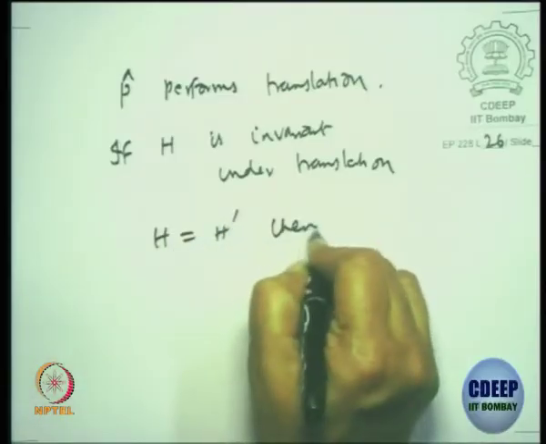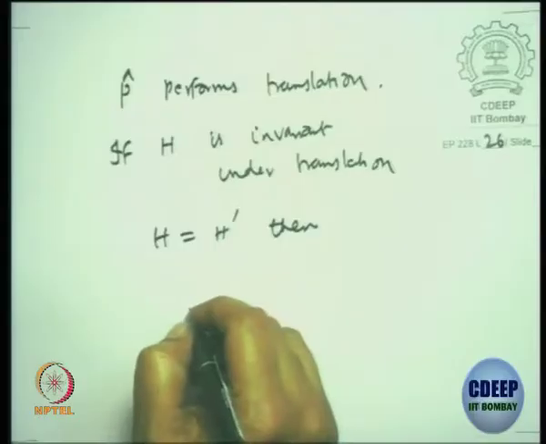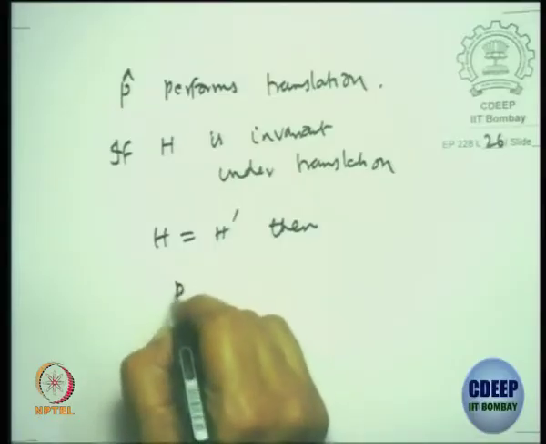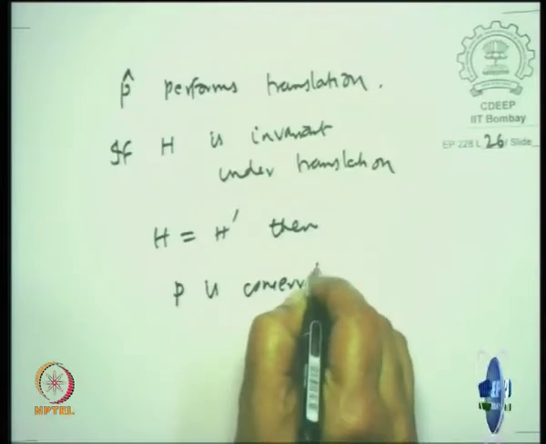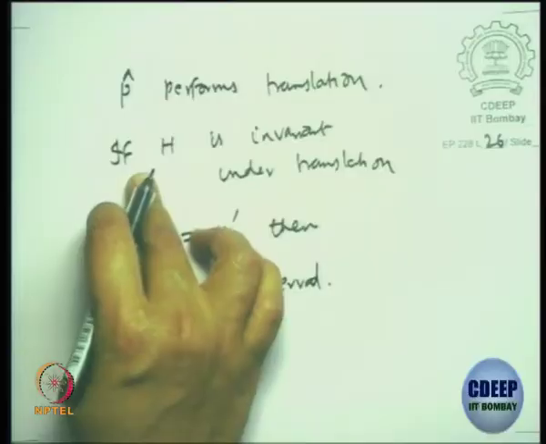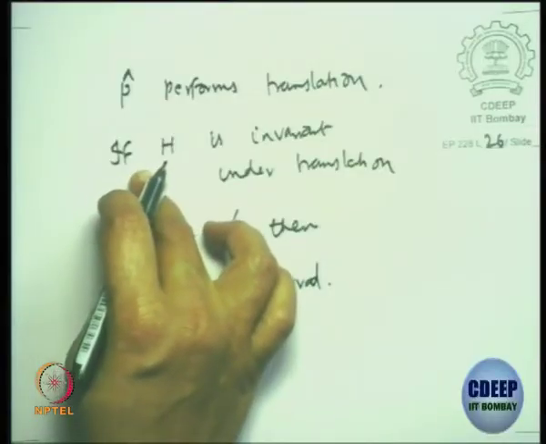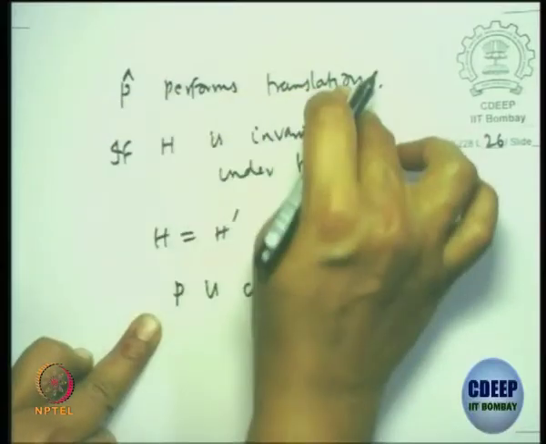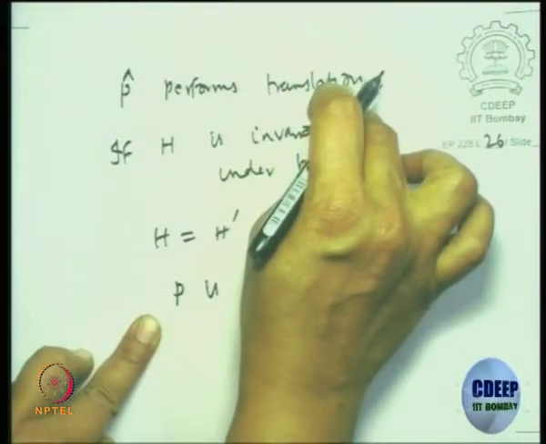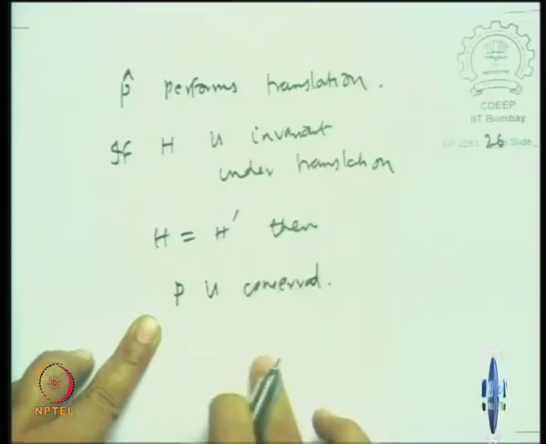Then what is conserved? Momentum is conserved, right? So this is what we call a translation symmetry for the system. Associated with a symmetry, the operator which performs that symmetry operation will be conserved.